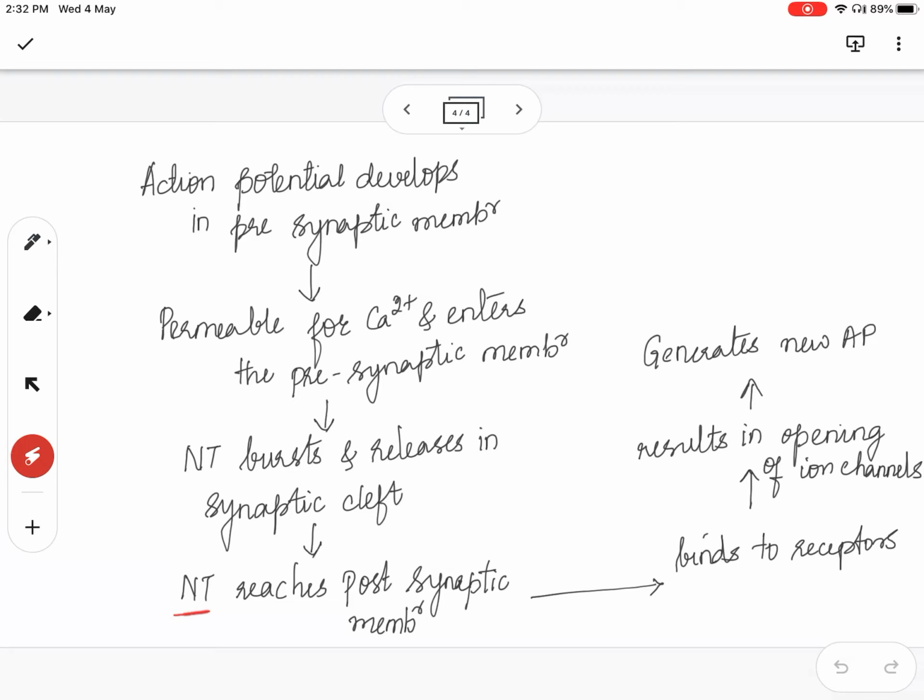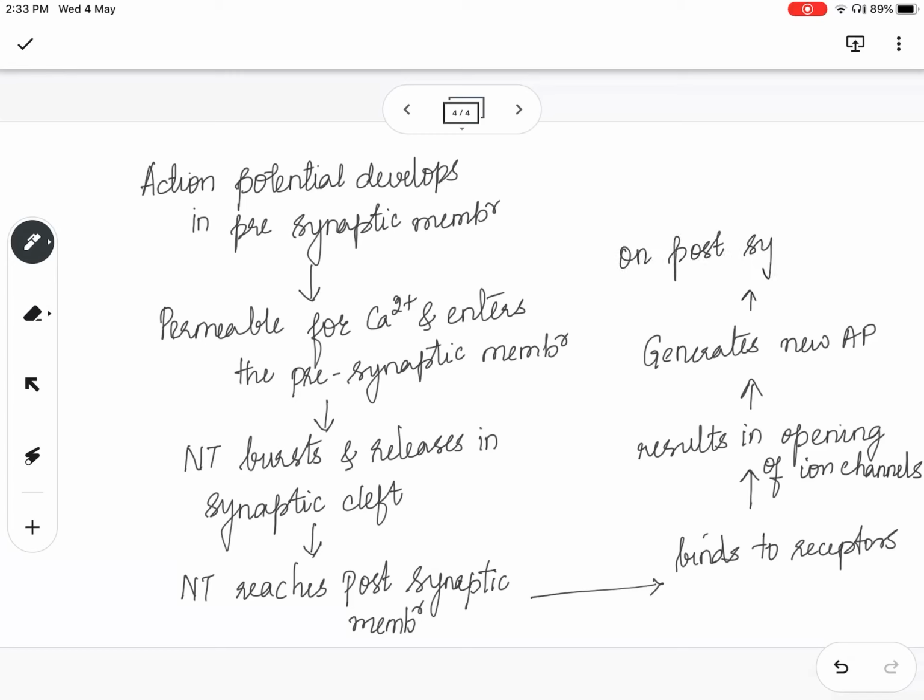Now these neurotransmitters reach the postsynaptic membrane via the synaptic cleft. They bind onto specific receptors. This binding opens up the ion channels, allowing the entry of ions, which helps in the generation of a new potential on the postsynaptic membrane.